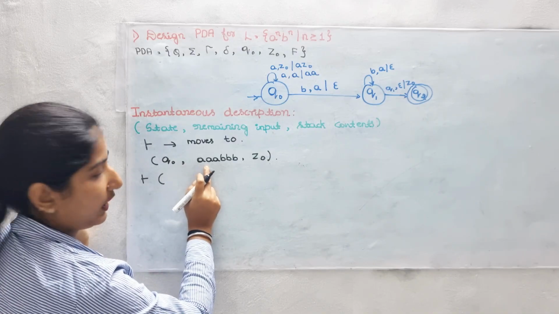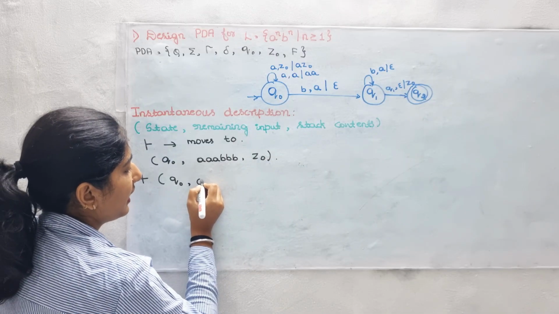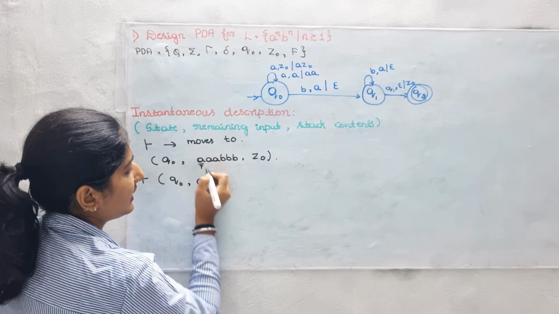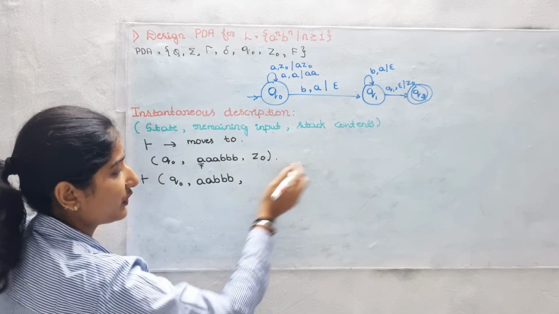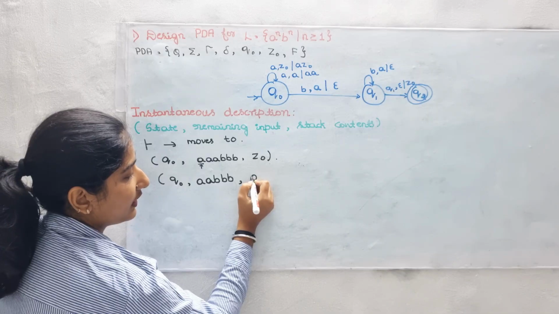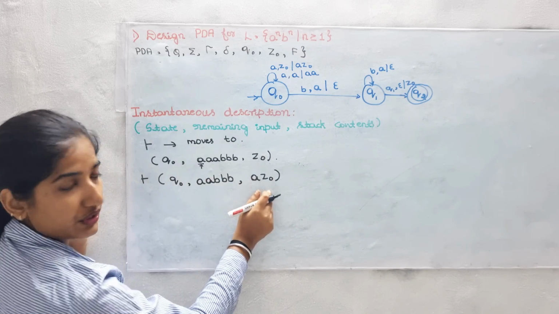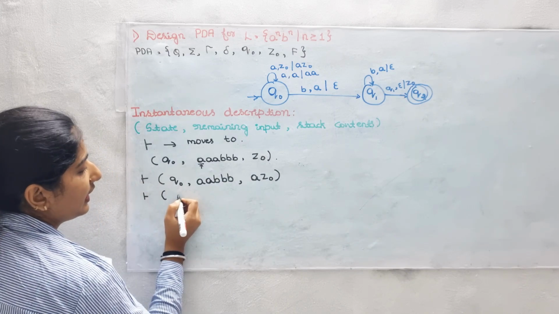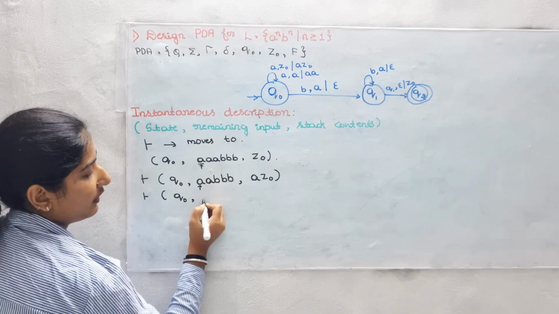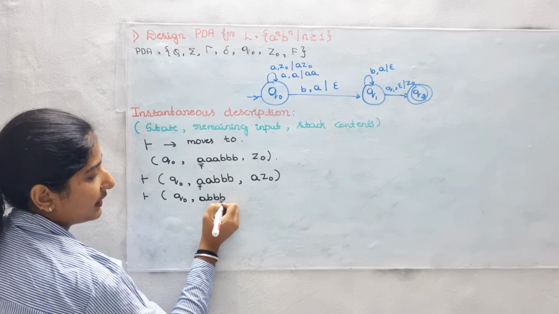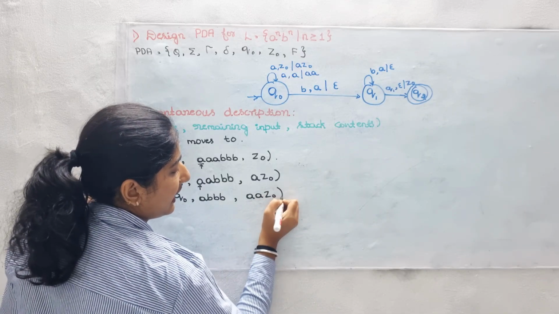After reading input A, I will be in state Q0 only, and the pointer is on the next A, so the remaining input will be A B B. Stack contents: after reading A, I am pushing this A to the stack, so A Z naught.